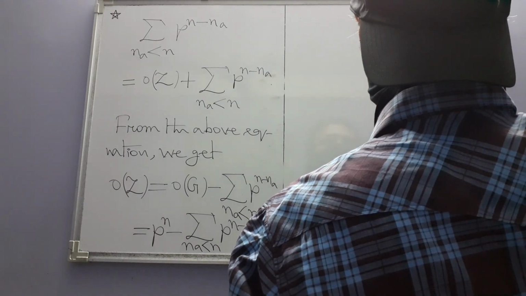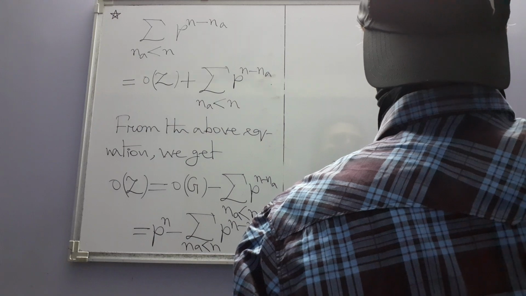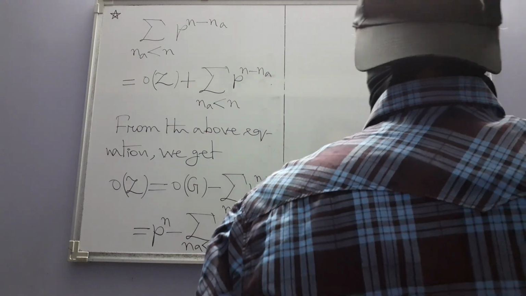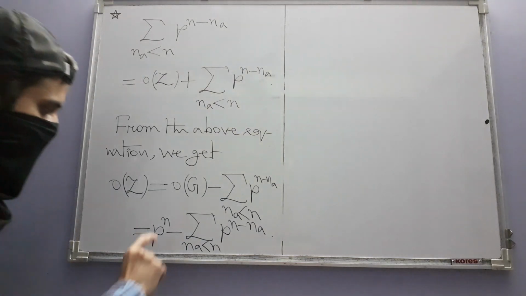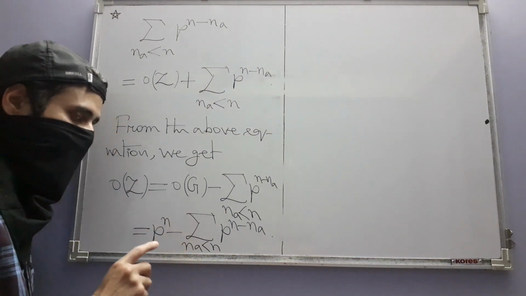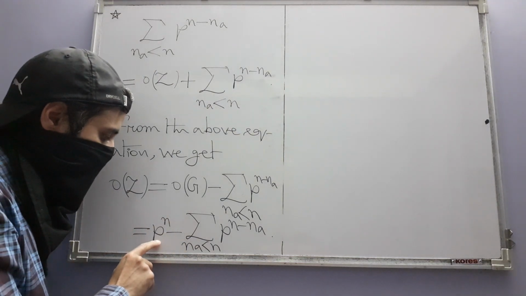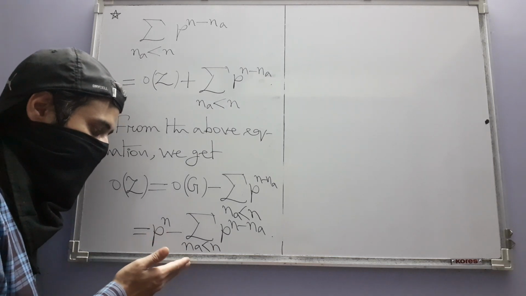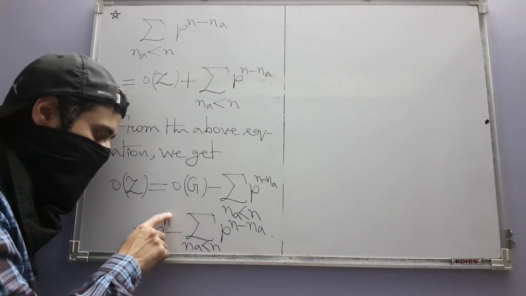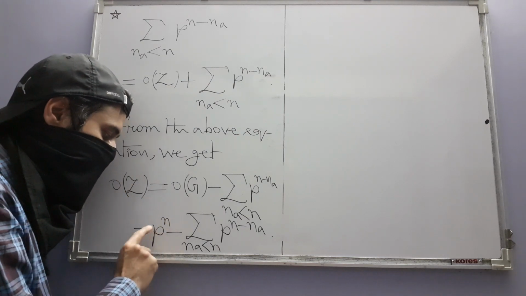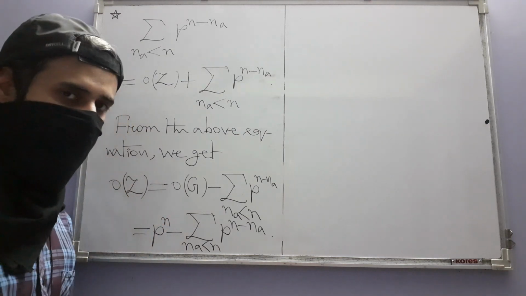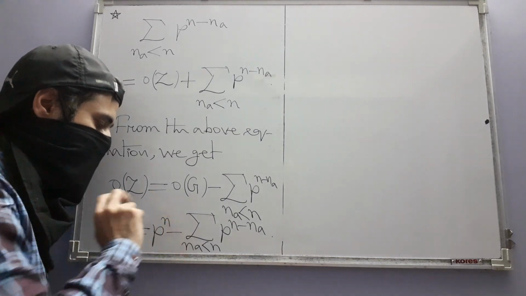Now look at this final equation. The right hand side is divisible by p. And why is that so? That is because this is divisible by p. Note very carefully that we cannot just simply say that this is divisible by p unless we know that n is a positive integer. If n is equal to 0, this is not divisible by p, because in that case it becomes 1.